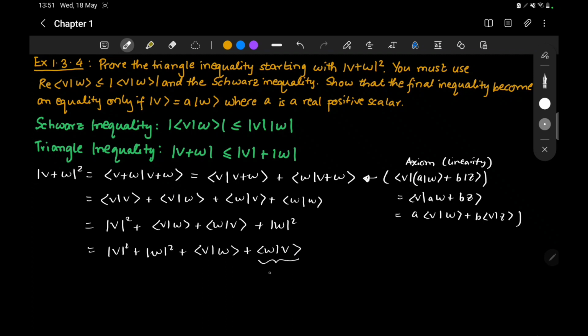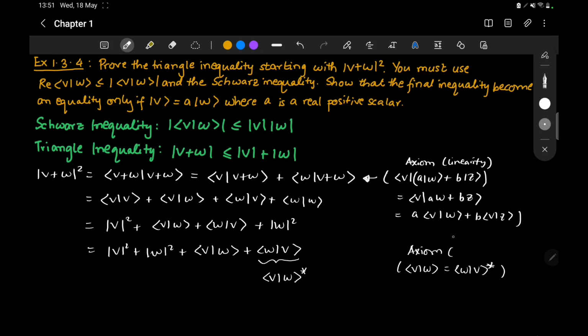So let us rearrange a few terms. Now this right here is nothing but this, the conjugate. So how did we get this? This is another axiom. So this is also an axiom for inner products, which states this, that w projected on v is the complex conjugate of v projected on w.